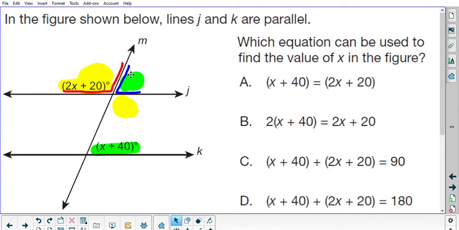How the two angles together would form a straight angle, which would measure 180 degrees. So I need to have an equation that shows me that 2x plus 20 plus x plus 40 would equal 180 degrees. And it just so happens that that is choice D.